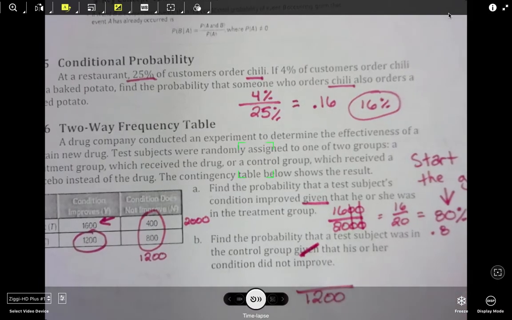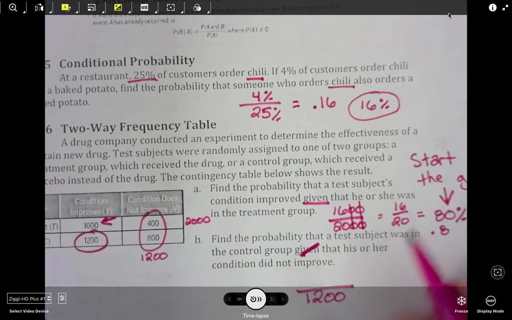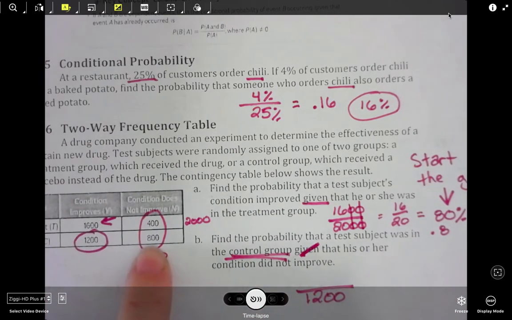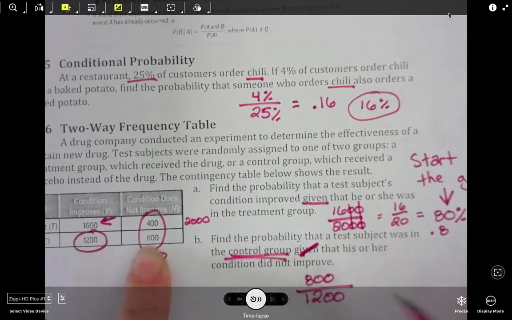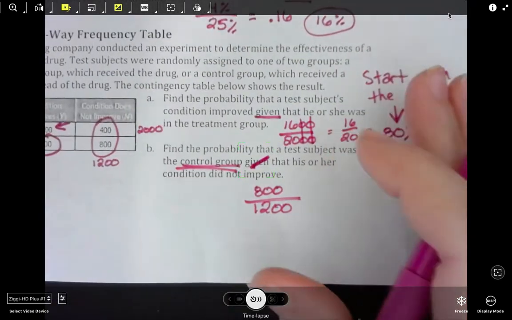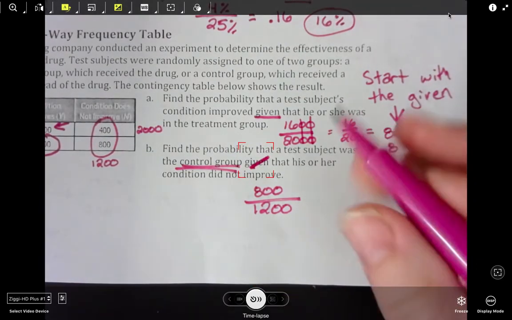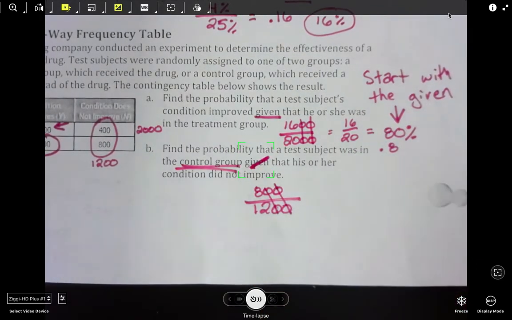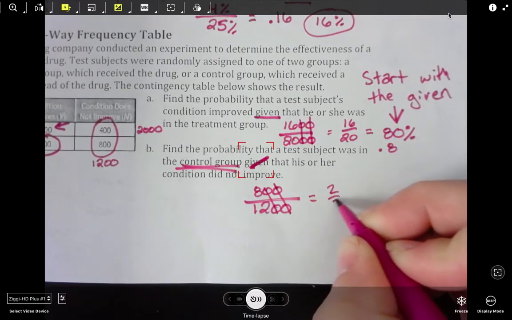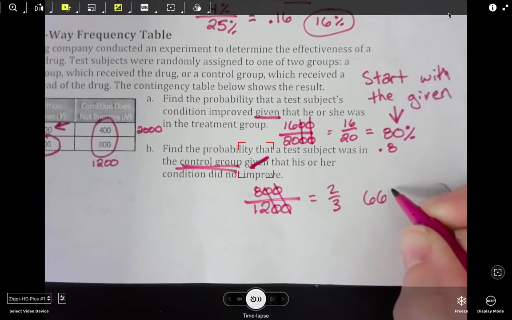And I'm interested in finding, of those 1,200, who were in the control group. The control group was 800. So 800 people out of 1,200 said that their condition did not improve and they were in the control group. If I lop off the zeros, that's 8 over 12, which is 2/3, or about 66.7%.